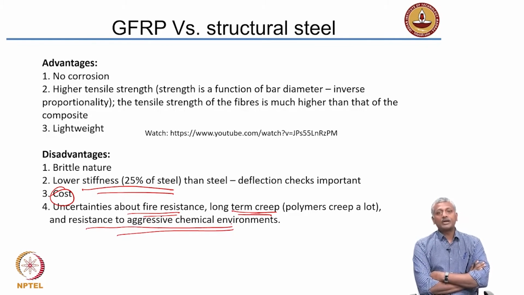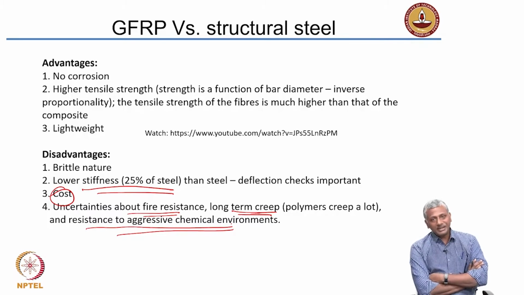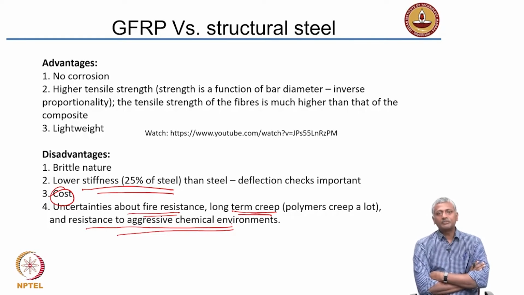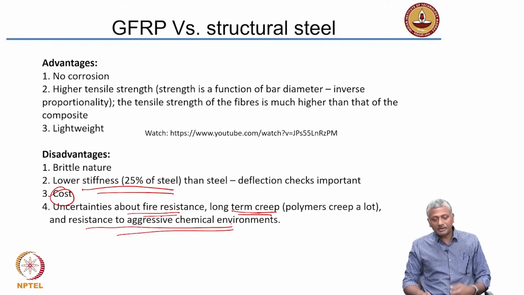Again, this is one reason why when people talk about adding plastics to concrete, main problem is these plastics would tend to degrade inside concrete, and they may let out some toxins into the atmosphere. We do not want that to happen. So, we need to treat them well before we use them. So, coming back to GFRP, of course, polymer may degrade in the aggressive chemical environment of the concrete.